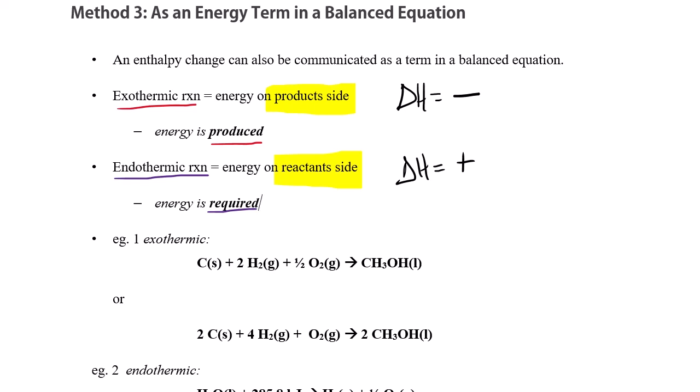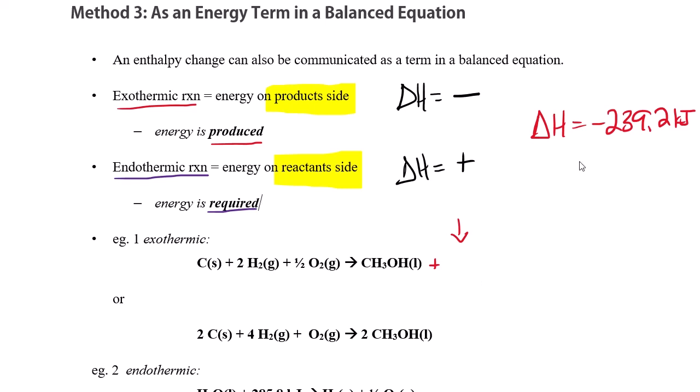So for the reaction that we've seen before, my formation of methanol, what's it going to look like? Well, I remember that the enthalpy was negative 239.2 kilojoules for the reaction as we wrote it for 1 mole of methanol. So I've got a negative sign. That means that it's exothermic, so the energy has got to be on the product side.